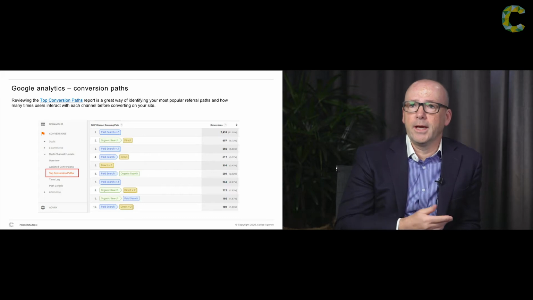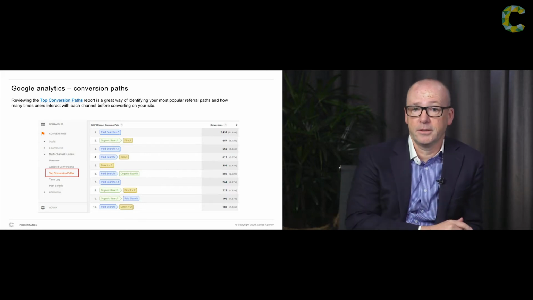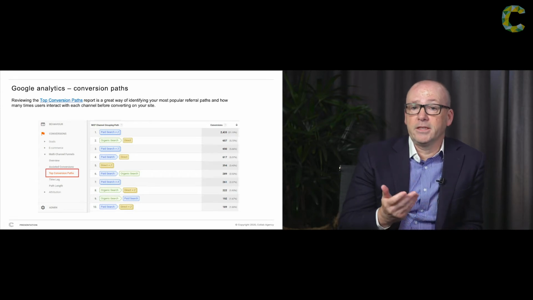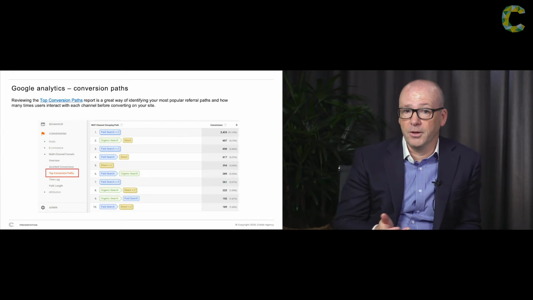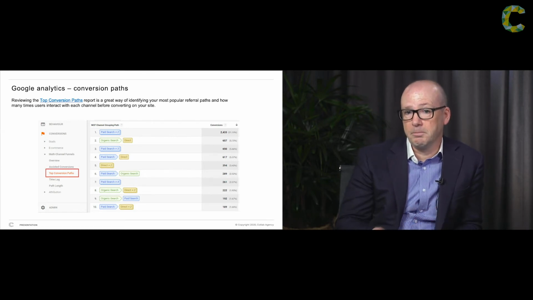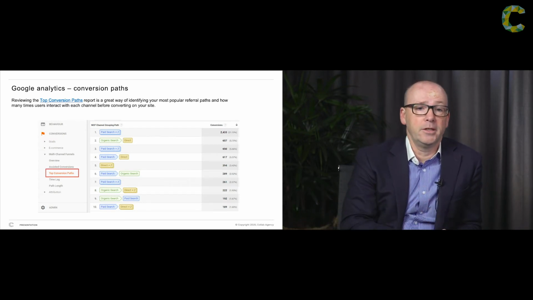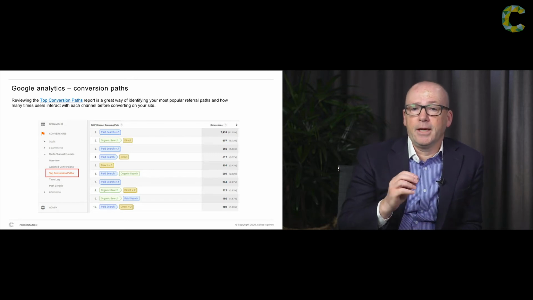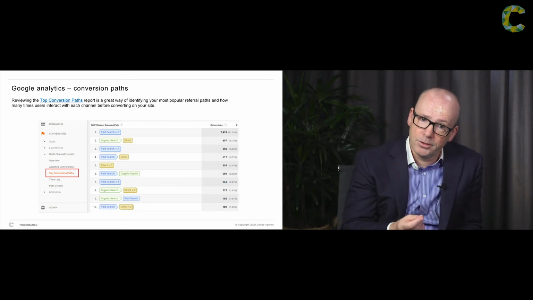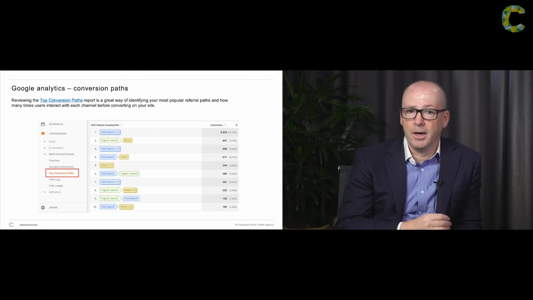We can also look at the path to purchase, so the conversion path analysis. What that does is understand the sequence of steps a visitor might take before converting. And a conversion might not be making a sale, it might be that they've read a blog, or downloaded a PDF or something like that. Again, marrying that up with what they've told you will help improve the accuracy of your buyer persona.